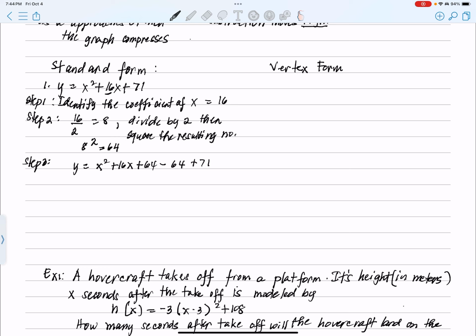Add and subtract. You're going to add and subtract the squared number after the x term in the expression.